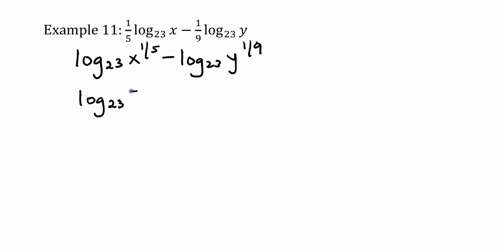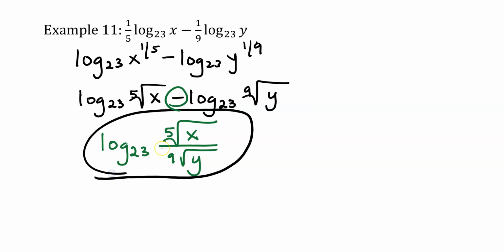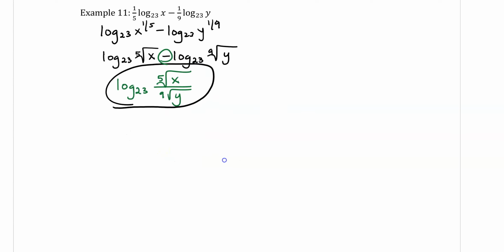X to the 1/5 is the same as the 5th root of x, and y to the 1/9 is the same as the 9th root of y. Now we have a difference of logarithms, so we condense them using the quotient rule. So we have log base 23 of the 5th root of x divided by the 9th root of y. And that quotient is what is inside of our single condensed logarithm.